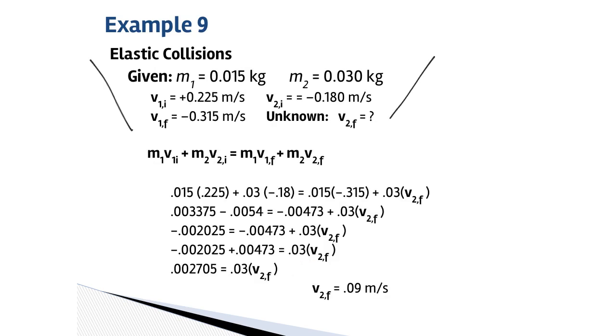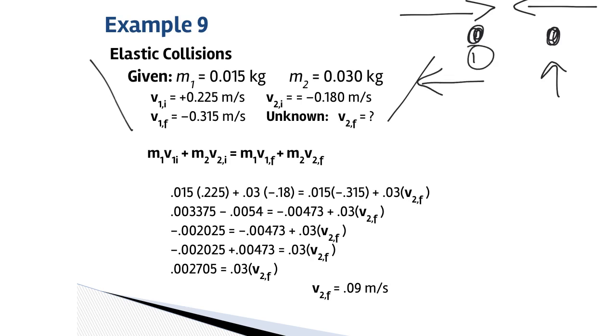Here we have our givens again. And remember, we have two marbles. They're moving in opposite directions. We are going to find out what happens to the second marble after the collision. We already know that marble 1 here is moving in the opposite direction.